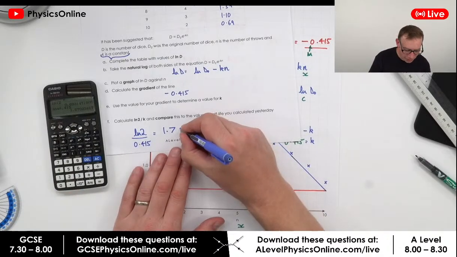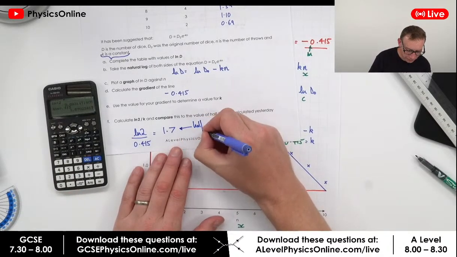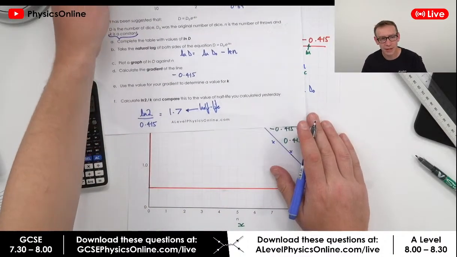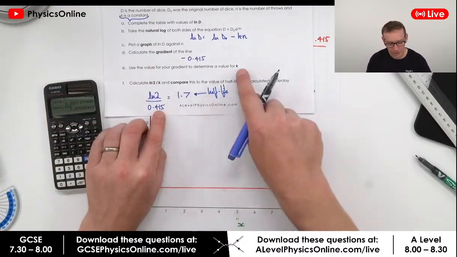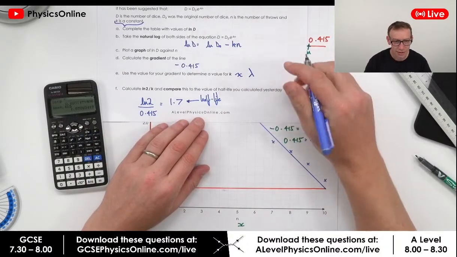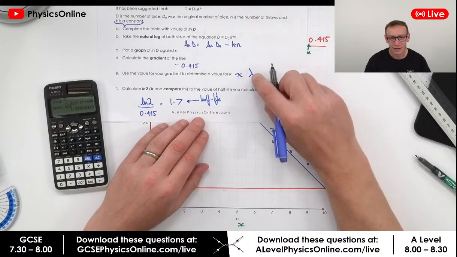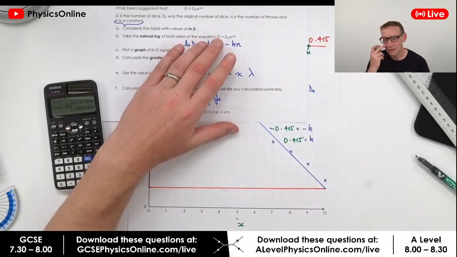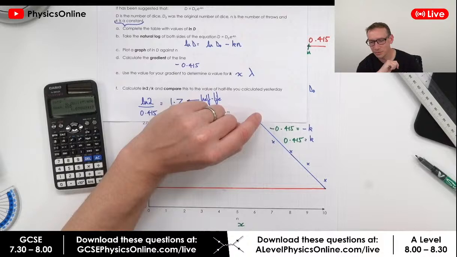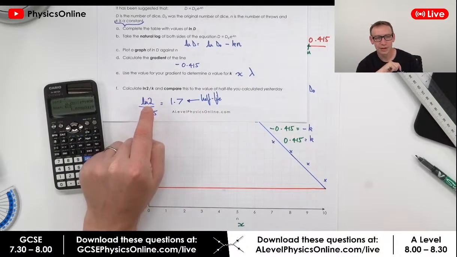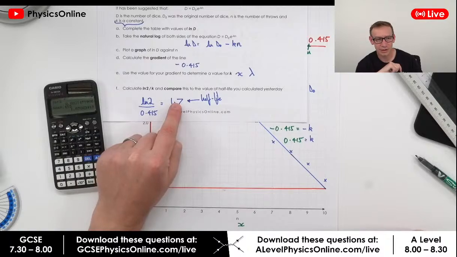So this is also equal to the half-life, because effectively what we've worked out here is the value for k is a bit like the decay constant. So the gradient is equal to the decay constant. And if you do the natural log of 2 divided by the decay constant, we get the half-life.